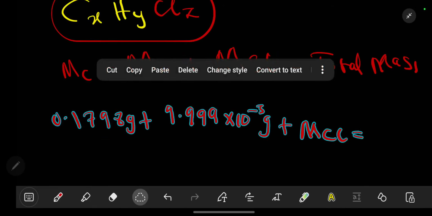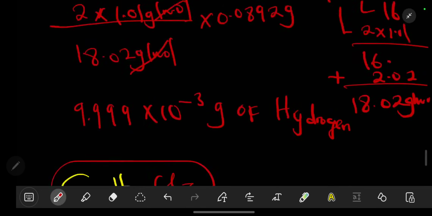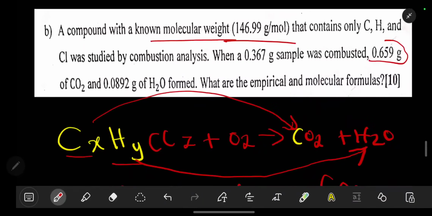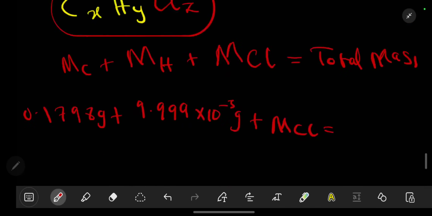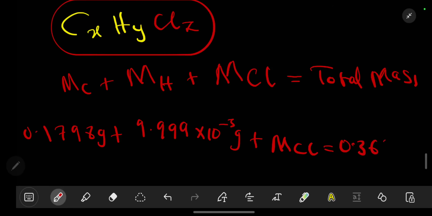The total mass, according to what we have been given, is 0.367 grams of the sample that was combusted, meaning the whole thing. So this is our total mass. So we add 0.1798 plus 9.999 times 10 to the power of negative 3.